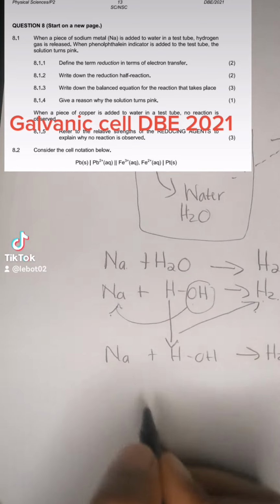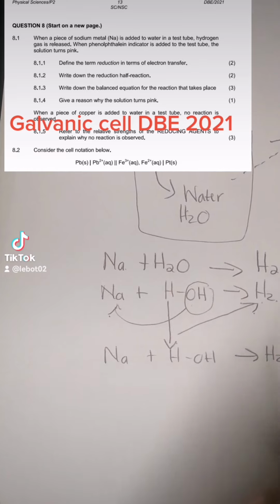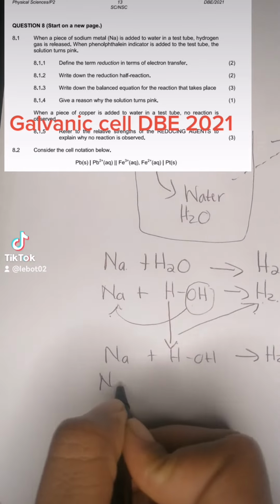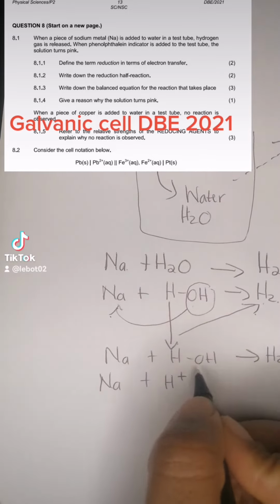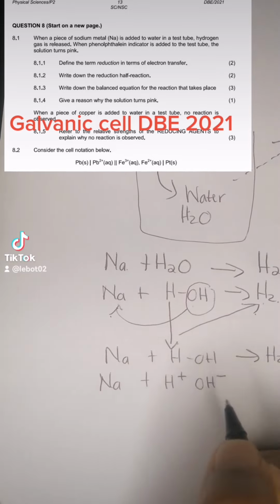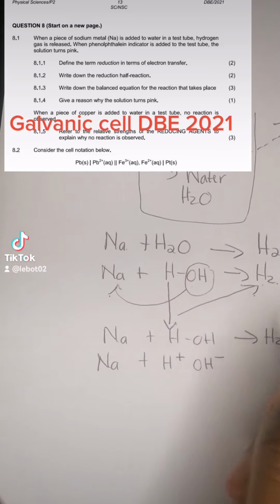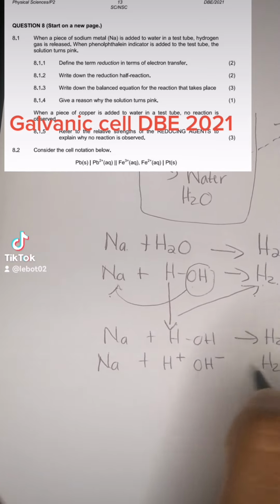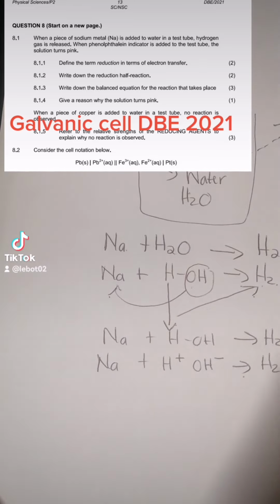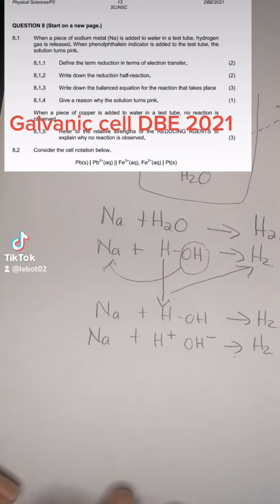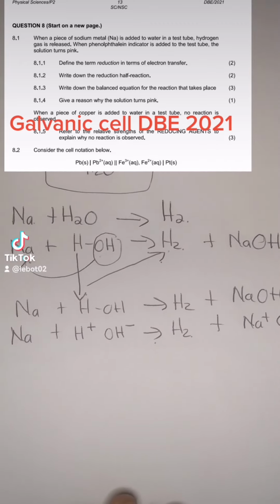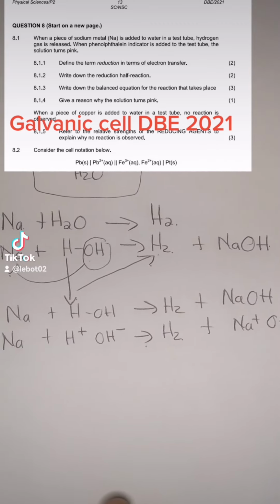From there you'll say you want to see which one undergoes oxidation, which one undergoes reduction. So you write your Na plus H2O, when you break it down, your hydrogen becomes H plus, your OH becomes OH minus. This one, you write it as it is, plus H2O. When you break down this one, you know it becomes Na plus and OH minus, right? Then you want to check which one there will undergo oxidation, which one will undergo what?